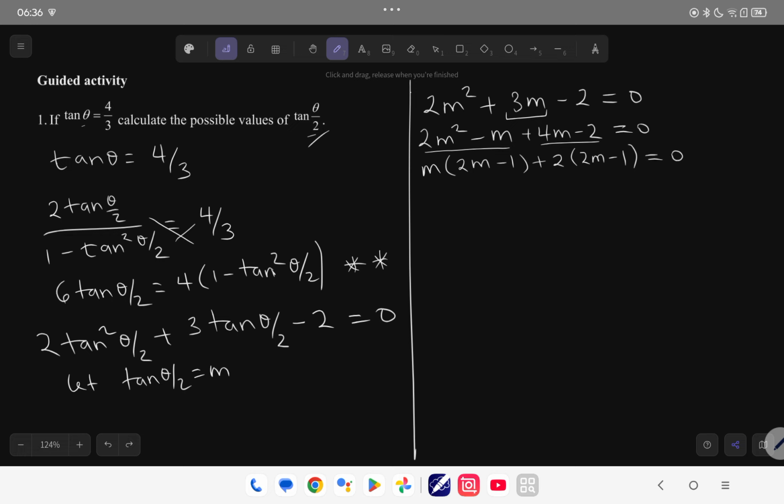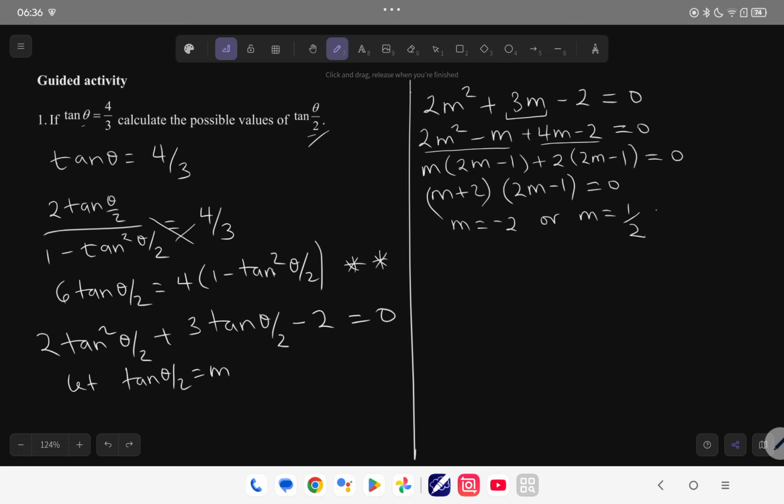This gives me m plus 2 into 2m minus 1 is equal to 0. Then m is equal to negative 2, or m is equal to a half, by equating each of those two brackets to 0.